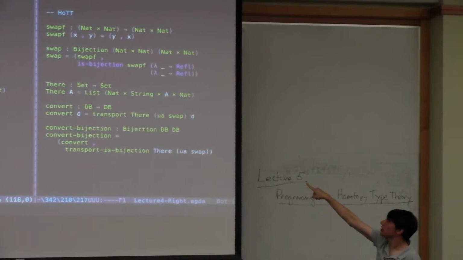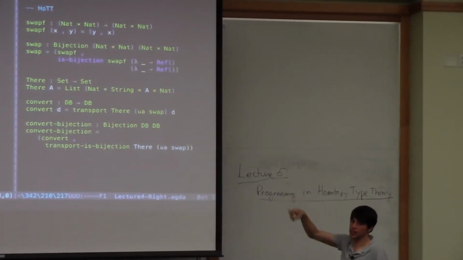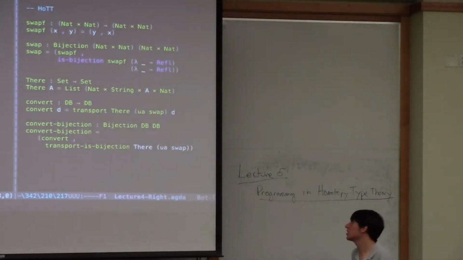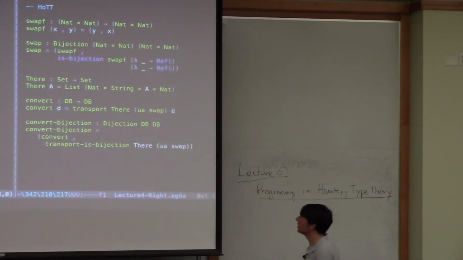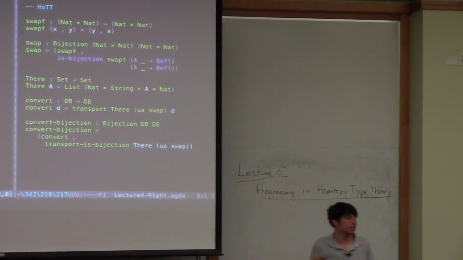And we define bijection with what's called a record type rather than defining it to be a sigma. So instead of writing out sigma this, sigma that, sigma the other thing, you can define a record type which has named fields. And is-bijection is just the constructor for that record type. So these are the same components as over there, but they're packaged together a little bit differently.